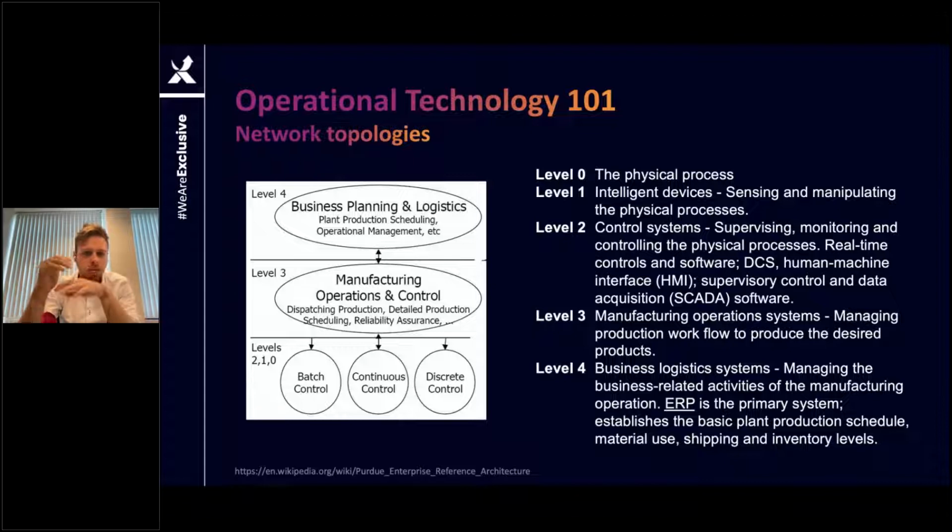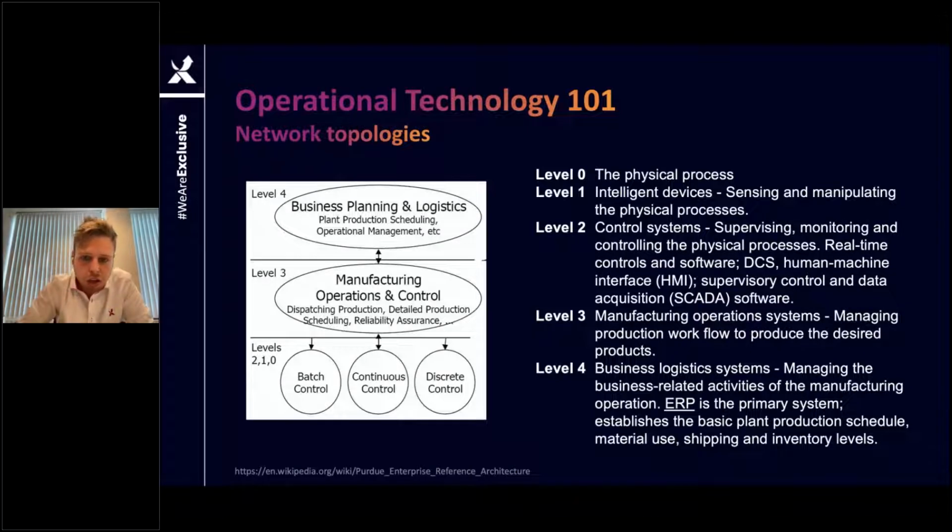You may come across the name PERA, Purdue Enterprise Reference Architecture. It's basically a guideline of how to segment your industrial control systems networks. And as the arrow indicates, not all levels are allowed to talk to each other.